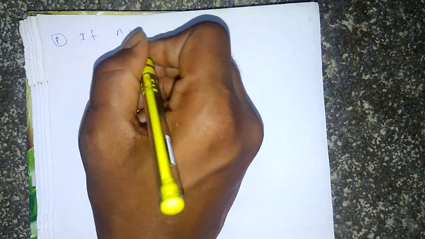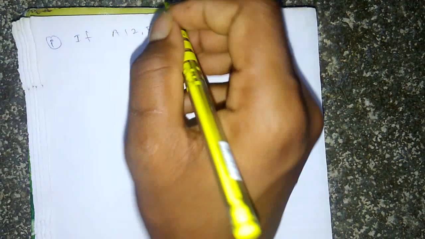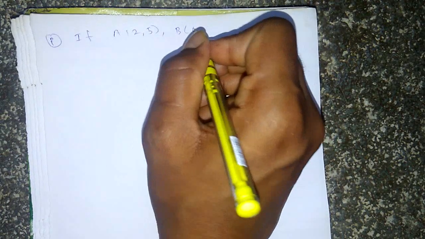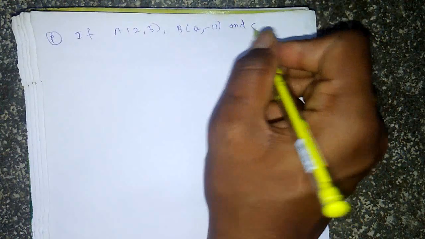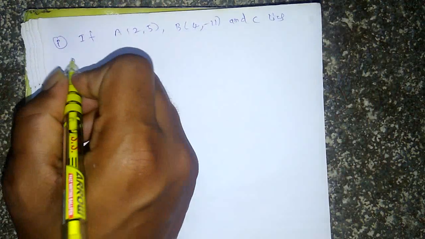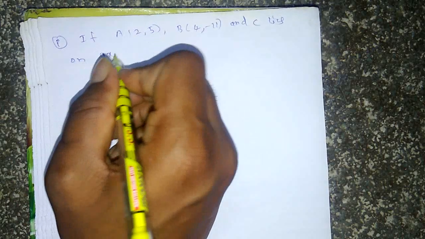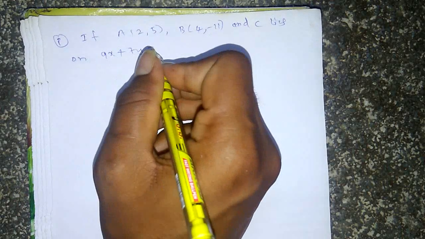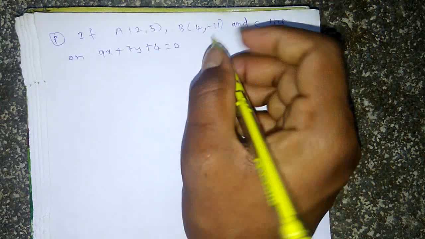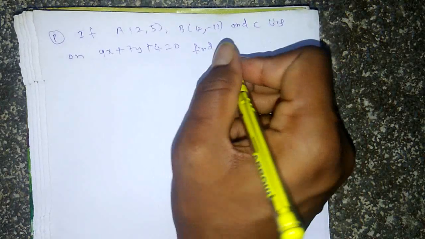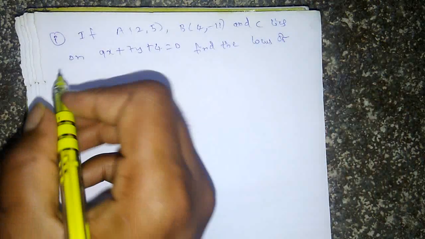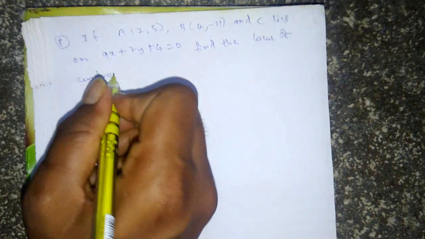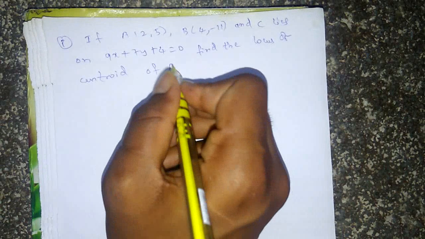Our next problem is, if A is (2, 5), B is (4, -11) and C lies on 9x + 7y + 4 = 0, then find the locus of the centroid of triangle ABC.